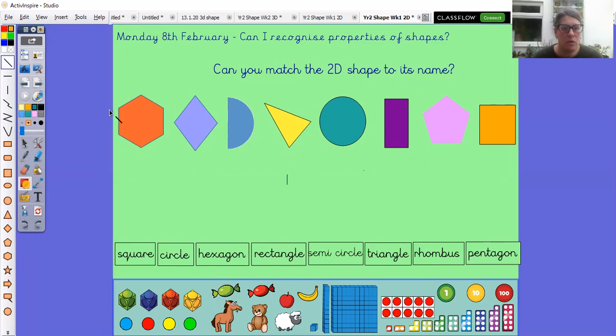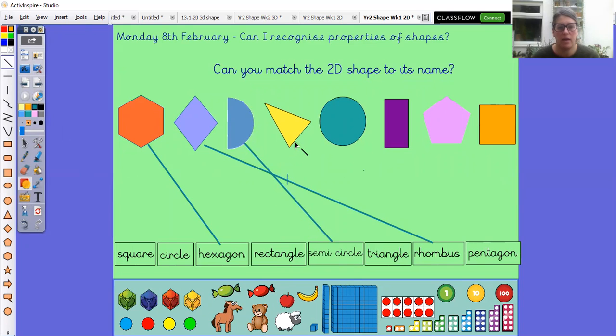Right, so what is this first shape we have got here? It is our hexagon. Now the next shape is rhombus. The next shape is our semicircle. That's half a circle.